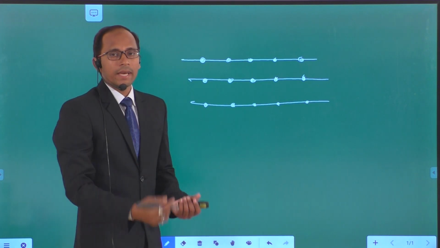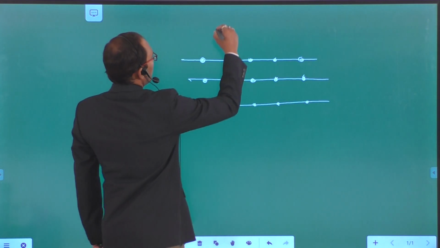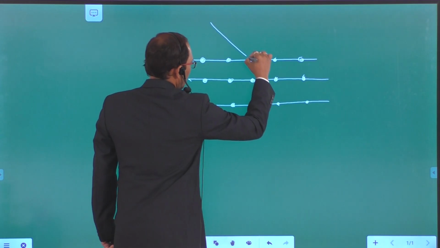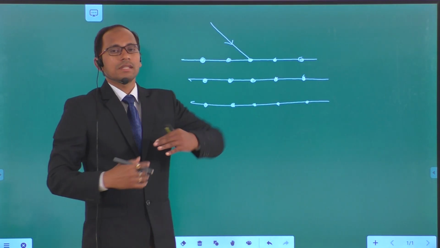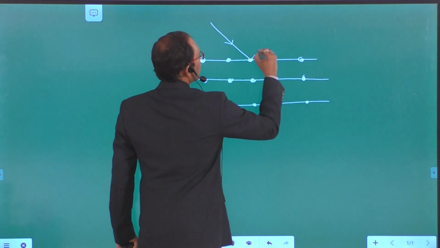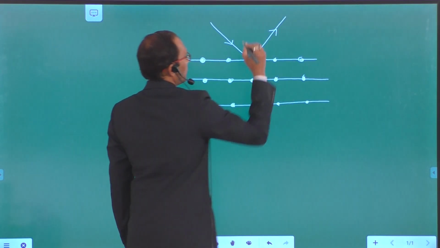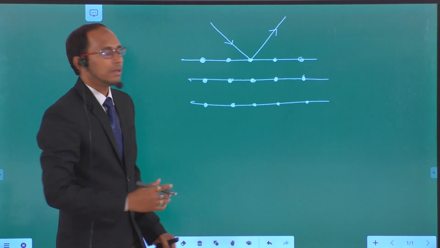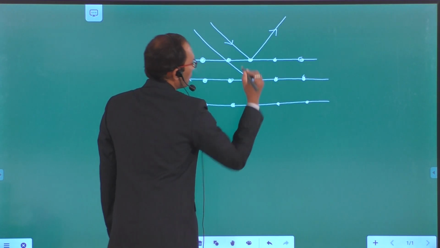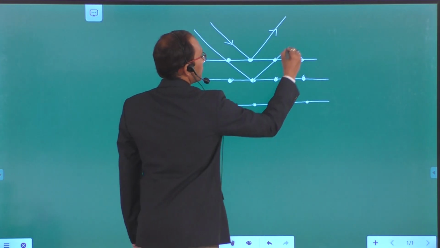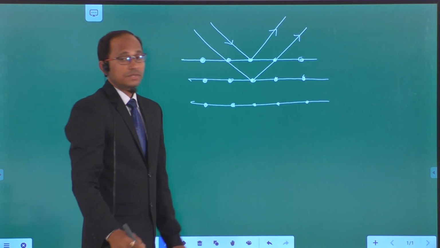Now, if the radiation is incident on these atomic planes, it will get scattered from the planes. I am drawing a ray diagram. Again, other radiation will be incident on the bottom plane, and again scattering takes place.